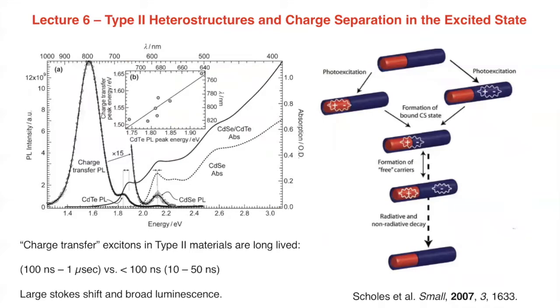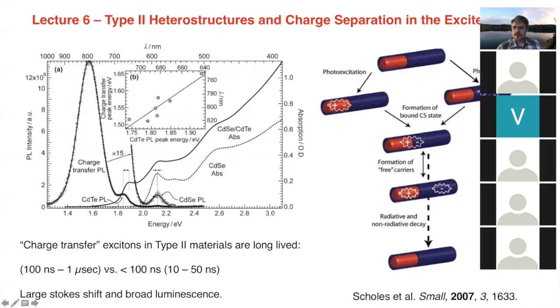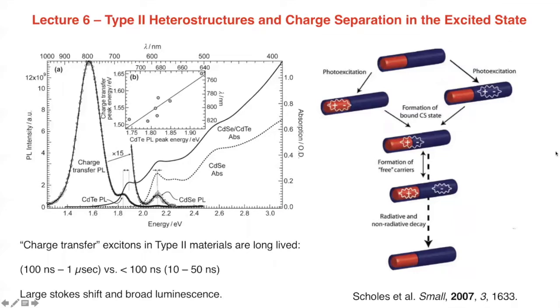Now we're looking at cadmium selenide, cadmium telluride, and in that case, the band offset looks like this, where the conduction and valence bands are kind of nested, or not nested, but staggered like that. And that staggered arrangement of conduction and valence bands means that the electron always transfers over to the cadmium selenide part, and the hole always transfers over to the cadmium telluride part.